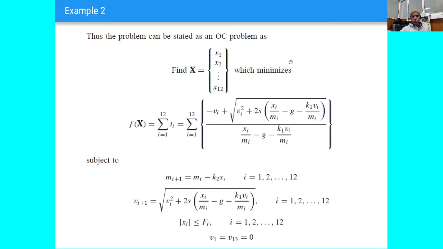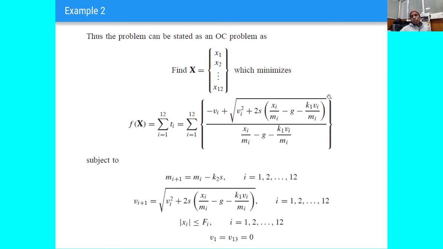That is why the positive value has been taken. Okay, so this value of ti will be minus vi plus the square root of v square plus 2s multiplied by xi upon mi, minus c minus k1 vi upon mi, upon the same value. Okay, so here this is our objective.